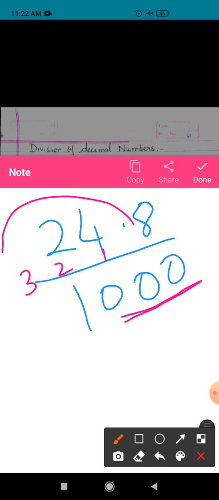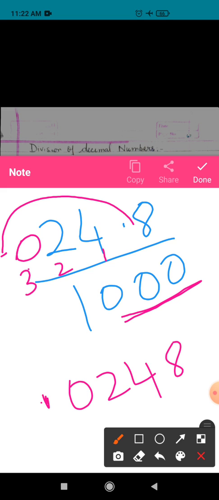The decimal will go before the third step, and the third place is vacant. So what will you do? You will write 0. The answer will be 0.0248. Children, hope you all have understood this method.